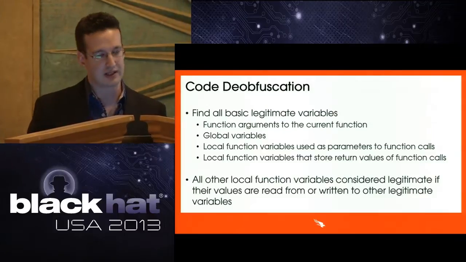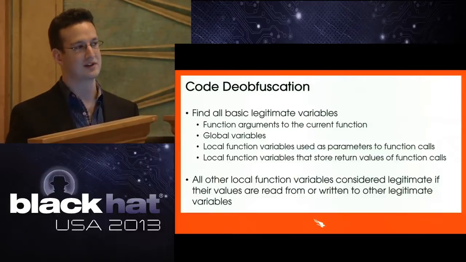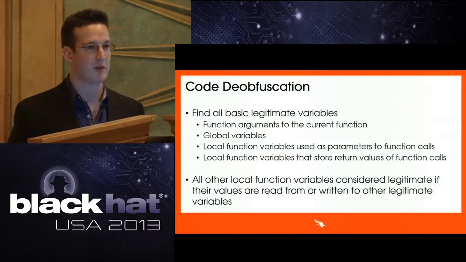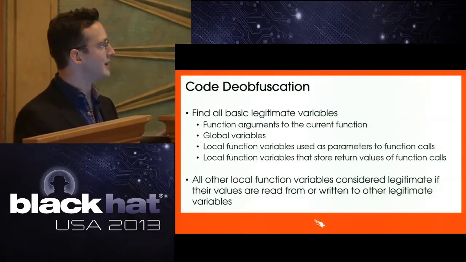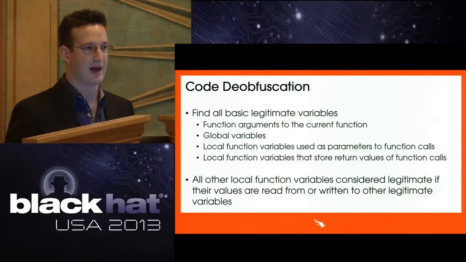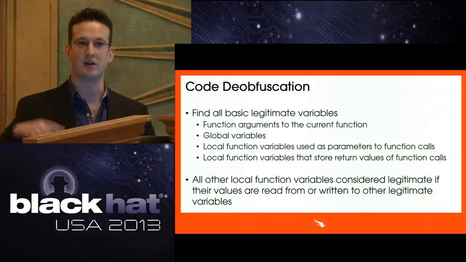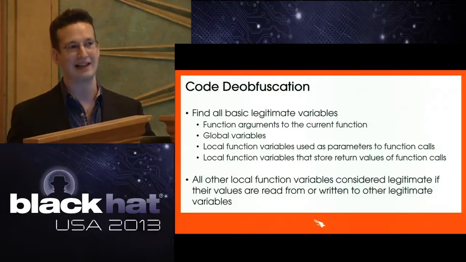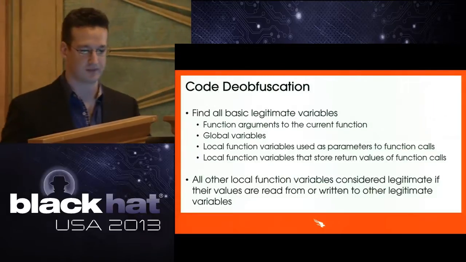And optionally, the plugin allows you to say that local function variables used in return statements are also legitimate. And after it determines all these legitimate variables and all the other stack variables that are tainted by them, it goes through and prunes the decompilation graph to remove the junk code.